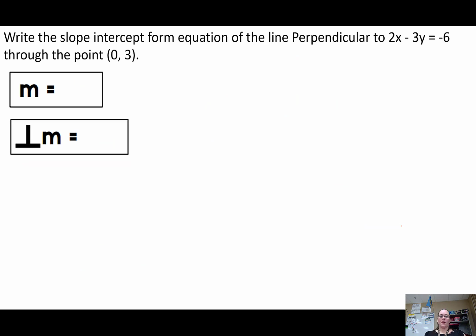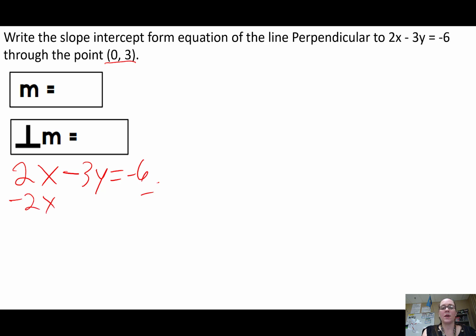Okay, one last example. So I've got the equation that we wanted to write, the equation that is perpendicular to 2x minus 3y equal to negative 6 through the point 0, 3. So again, we already have our point, which is our y-intercept here. So we've got our y-intercept. We just need to know what slope we're using. So since my equation isn't in slope-intercept, we're going to do negative 2x minus 3y equal to negative 6.